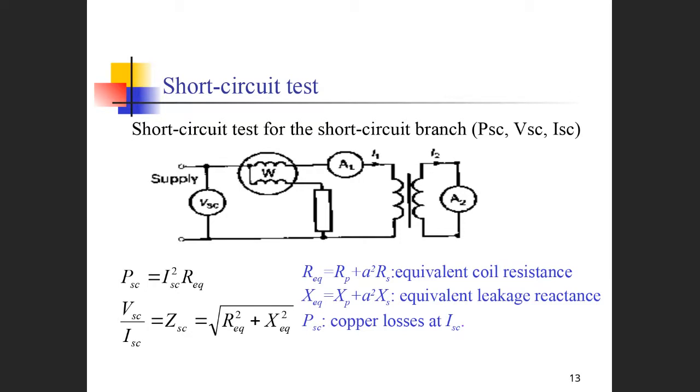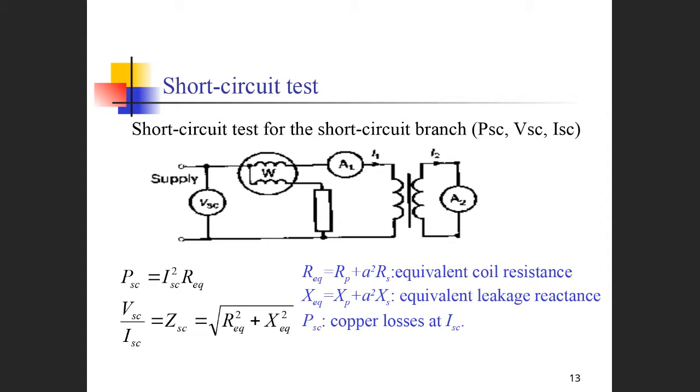The input power then will represent the internal copper losses, because the input voltage is a small portion of the rating voltage. The core losses across the transformer are much smaller than at the rating voltage, so they can be ignored.